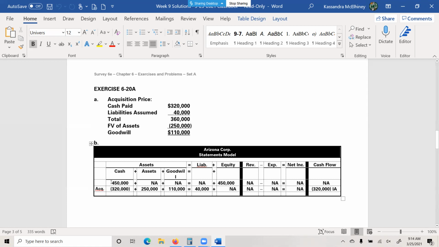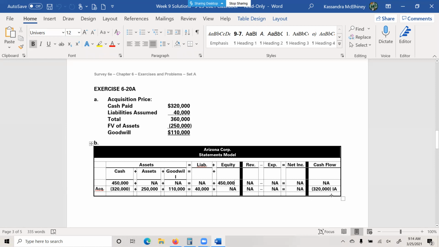That was a decrease of $320,000, which represents the cash paid. We also assumed the liabilities, so we'll add $40,000 of liabilities. We added $250,000 of assets, which is the fair market value at the time of purchase. And the balancing figure is goodwill at $110,000.